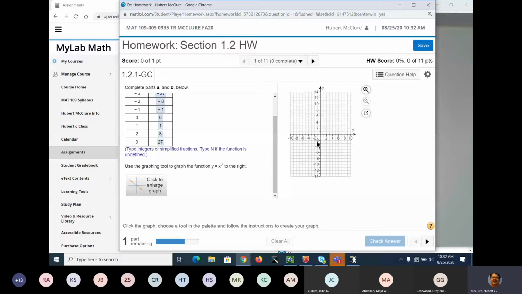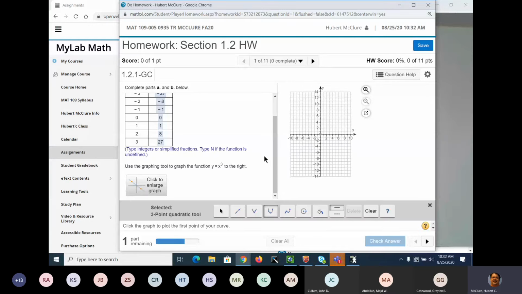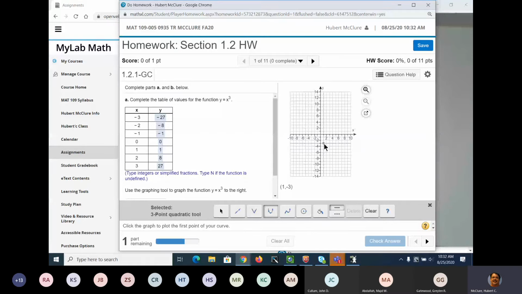You click on it. You want to draw a curve. I don't know how many points they want, but negative 2, negative 8, and then 0, 0, and then 2.